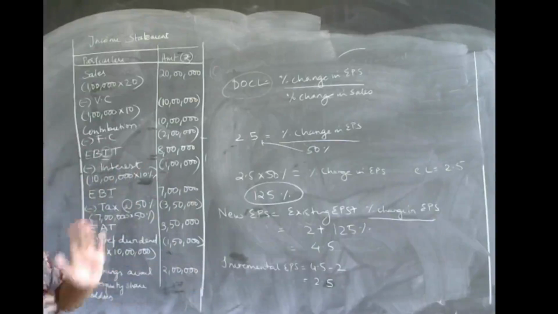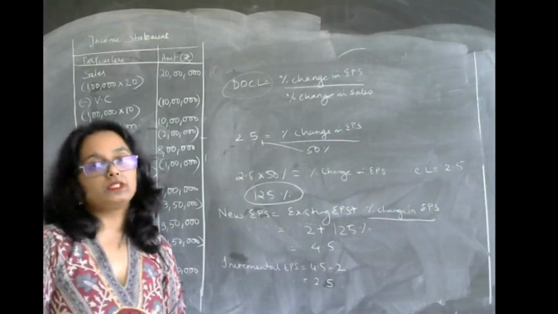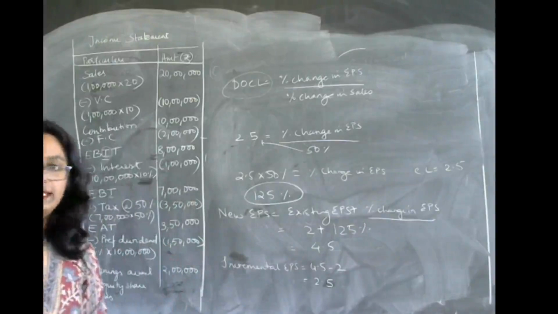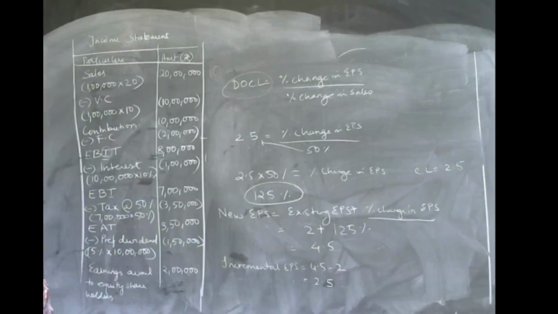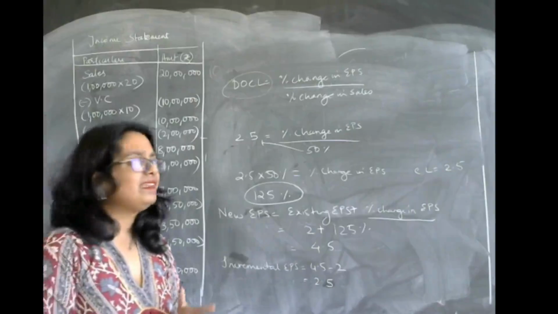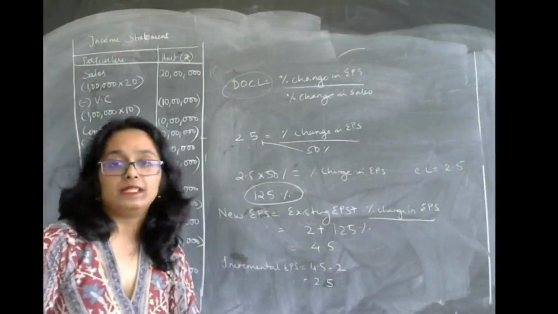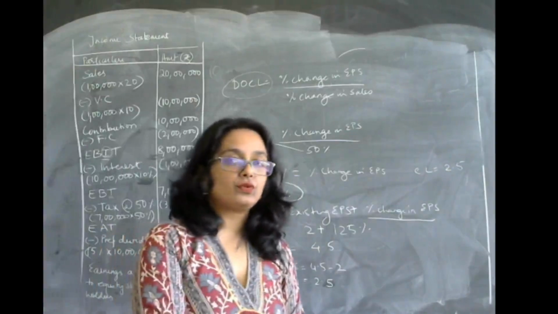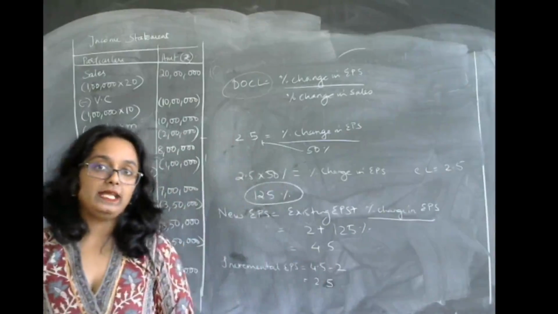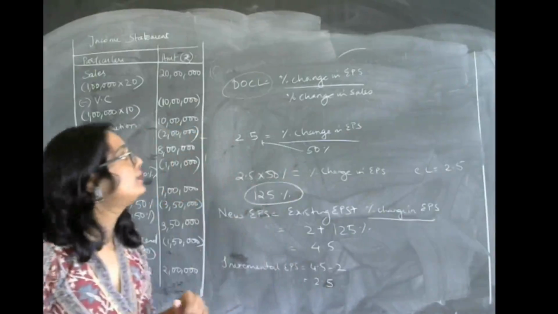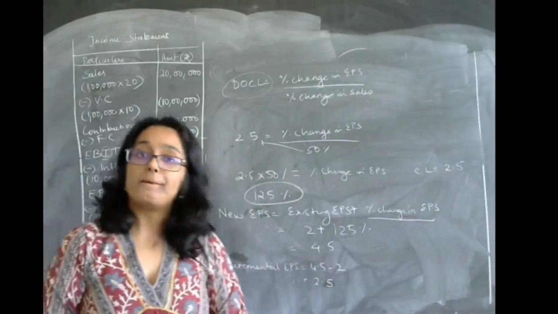So this is all that they had asked us to compute in this problem and nothing else. So it is a very simple problem. Just remember that there are different ways in which you can determine your EPS. In the previous class I showed you using financial leverage formulae. In this class I showed you how you can compute it using the degree of combined leverage.